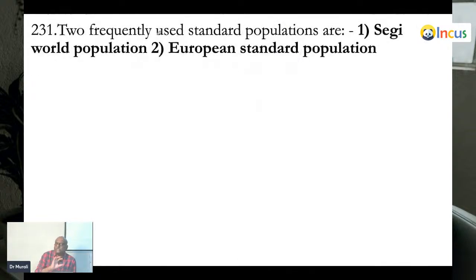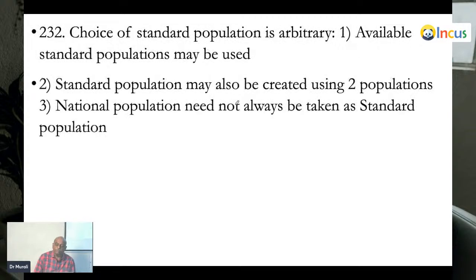Now, two standard populations that we use worldwide, the European standard population is one of the standard populations that we often use. Now, which population can we call standard population? Obviously, the one in whose age and sex composition we know is called standard population.